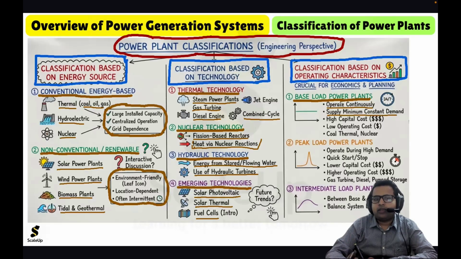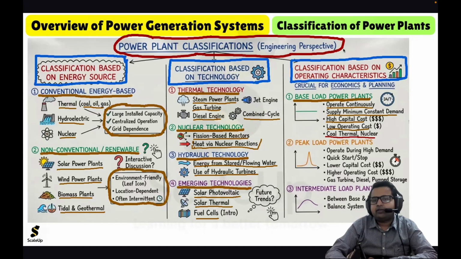Now they have very large capacity, so high capital cost. So base load power plants have a large installed capacity, so high capital cost and low operating cost. Examples of base load power plants are thermal and nuclear.